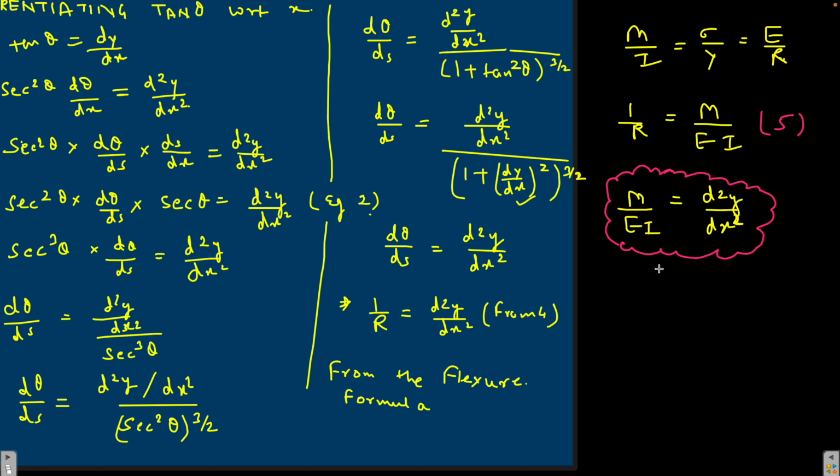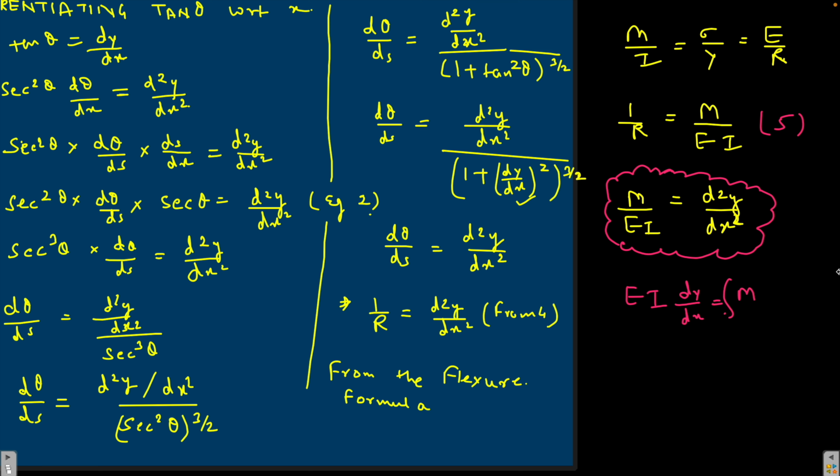This same equation is used to find the slope as well as the deflection at any point in the beam. If we integrate this equation once, we get EI dy by dx as the integration of moment.